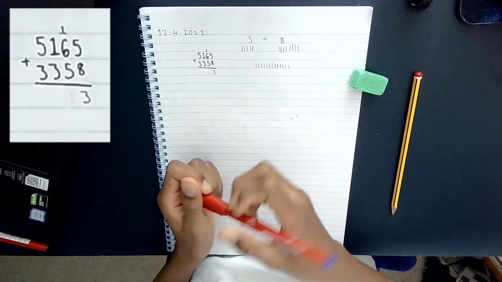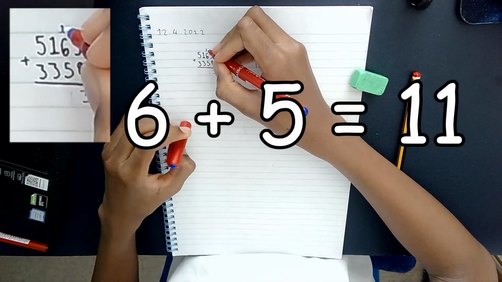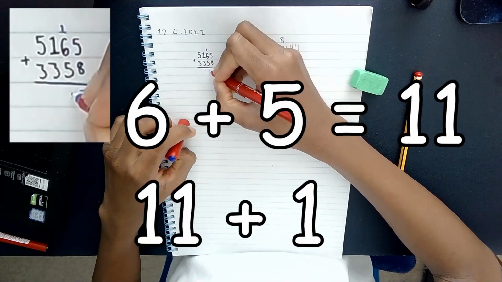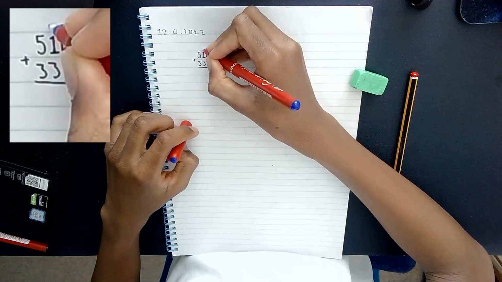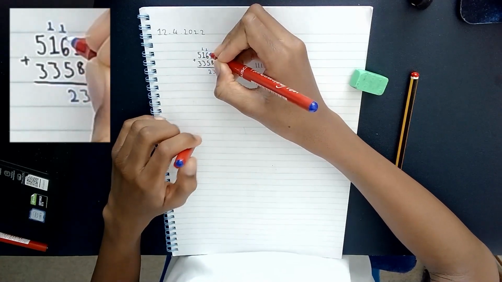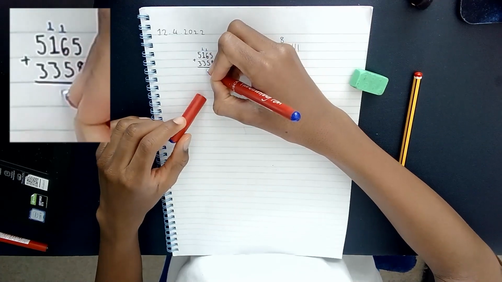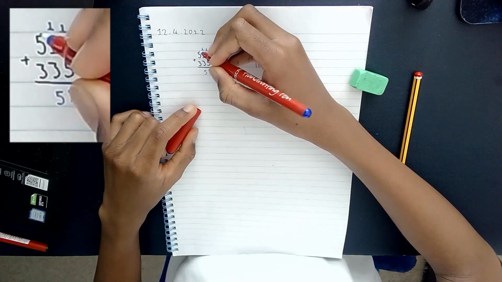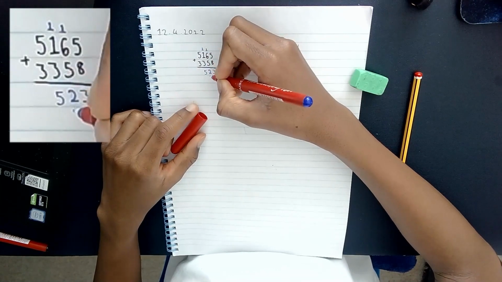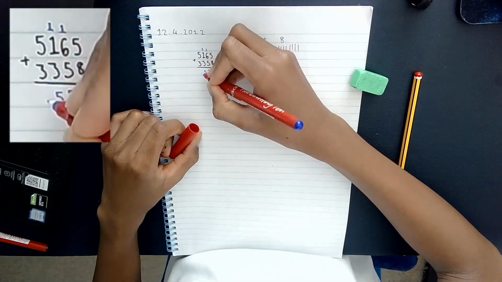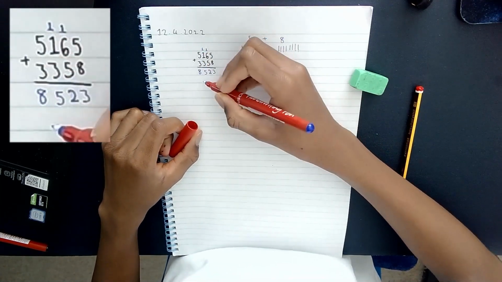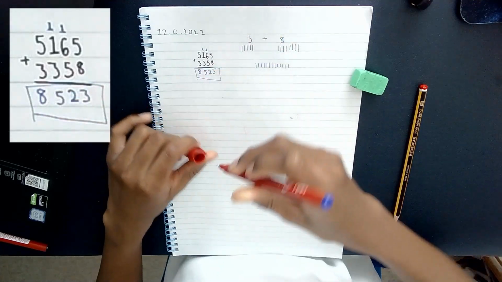So we have 6 add 5, which is 11, plus the extra 1, which gives us 12. Again, put the 1 at the top. So that'll be 4 add 1, which will give us 5. And there's nothing to carry over this time, so 5 add 3 equals 8. So that should be your answer.